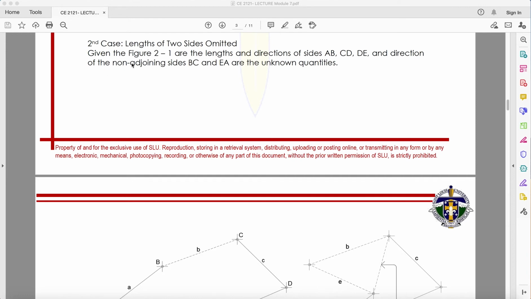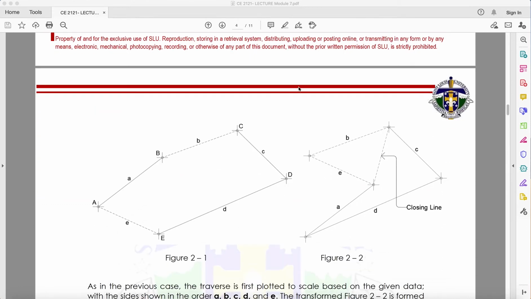And direction of non-adjoining sides, BC and EA, are the unknown quantities. So dito, ang hindi natin alam is the direction of EA and BC.